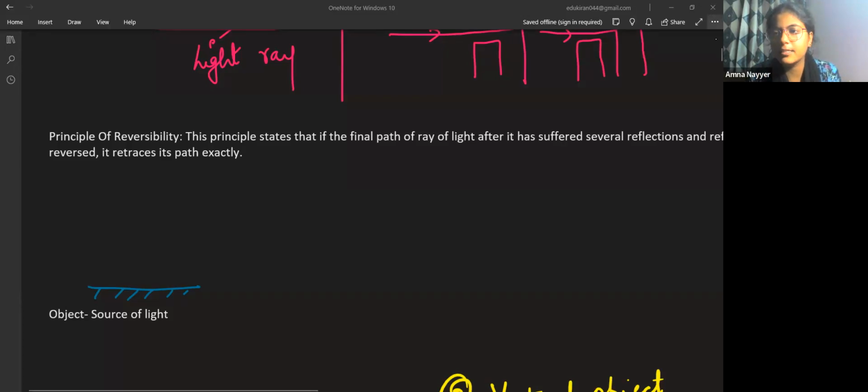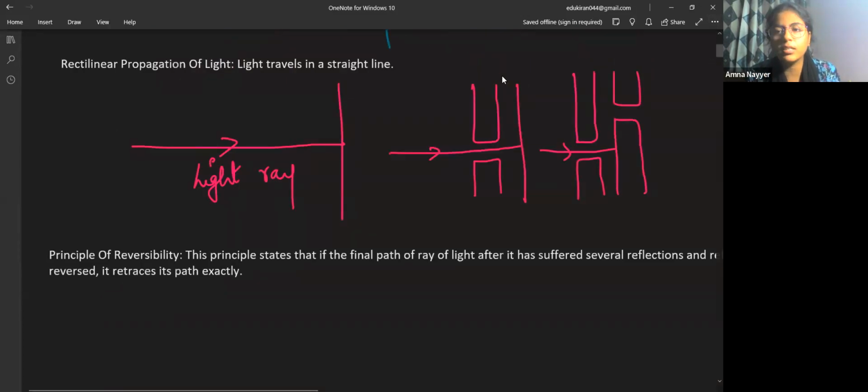Suppose these are two blocks that I have taken, and this was a wall. Light would have gone straight away like this. Here I have taken two blocks like this and two more blocks like this, which are blocking the path of the first one, the orifice of the first one.